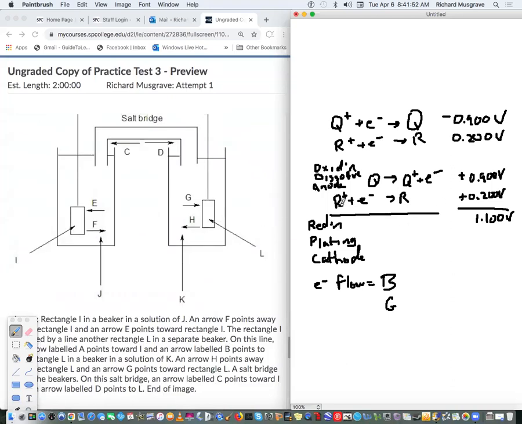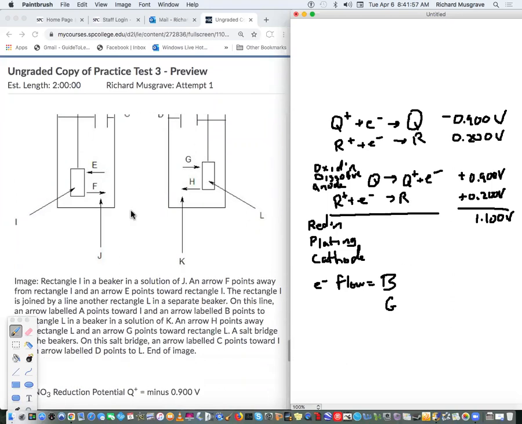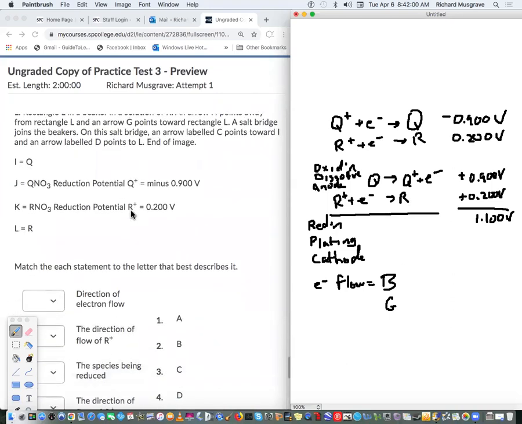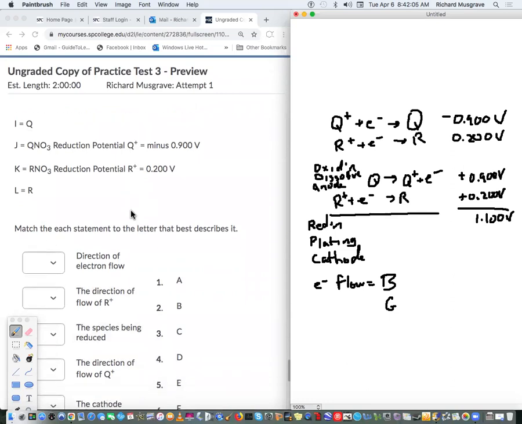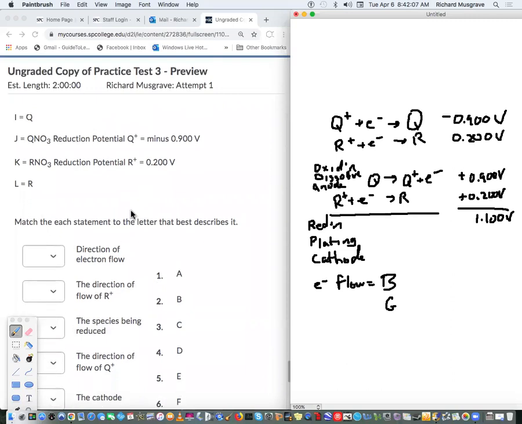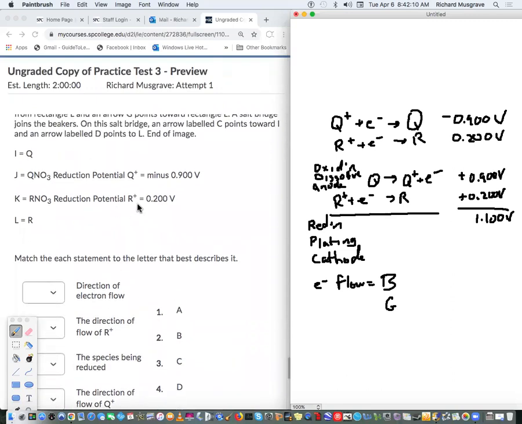The one that's being reduced is this is the reduction, R plus going to R. And then that means that the species being reduced is R plus, which is going to be K. Does anybody have any questions?